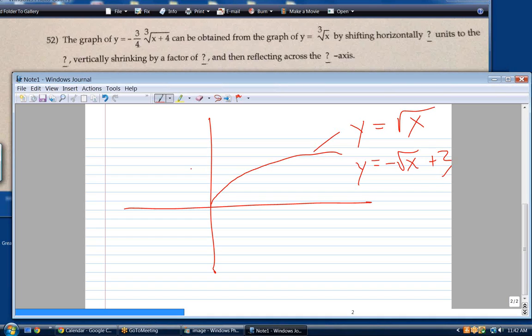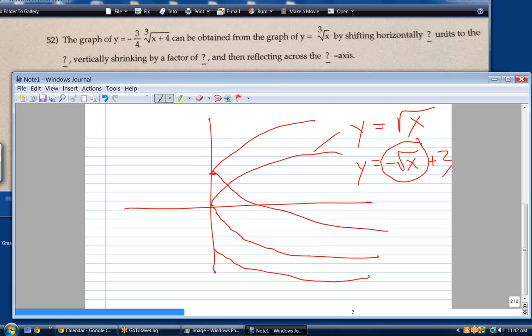Well, notice if I did the plus 3 first, and then I reflect about the axis, there's my line. But if I do it in the proper order, I reflect about the axis first, and now I move it up 3, there's my line.